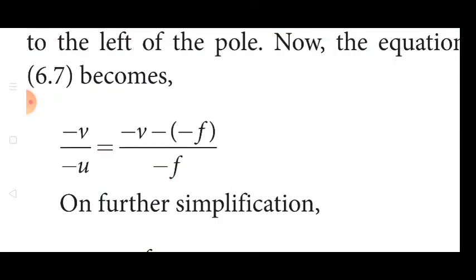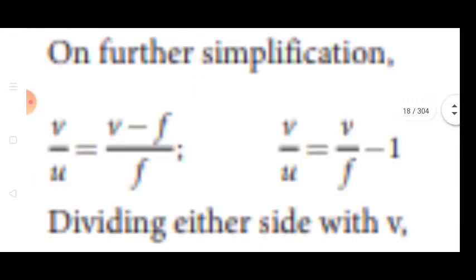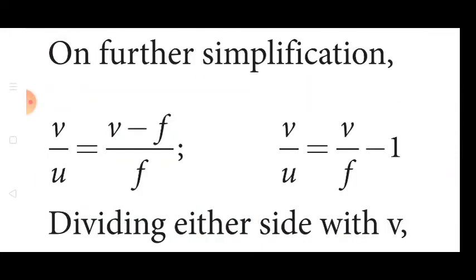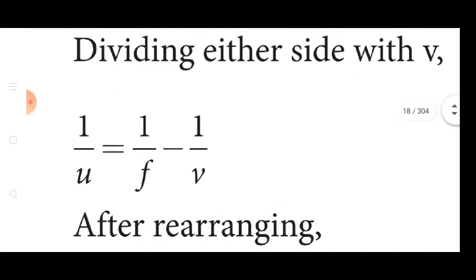by minus f. On further simplification, we write v by u is equal to v minus f by f, and v by u is equal to v by f minus 1. Dividing either side by v, 1 by u is equal to 1 by f minus 1 by v.